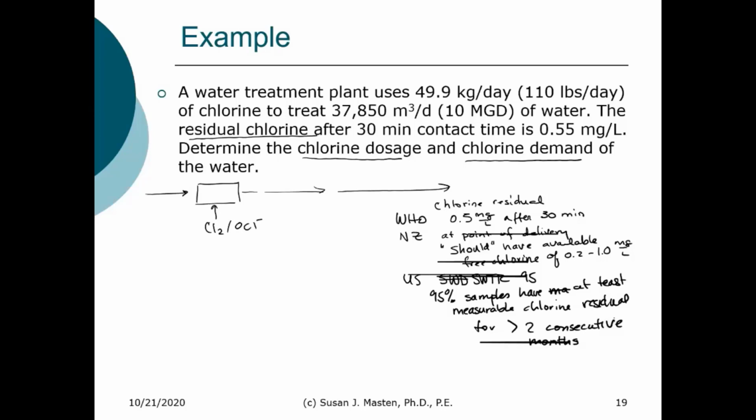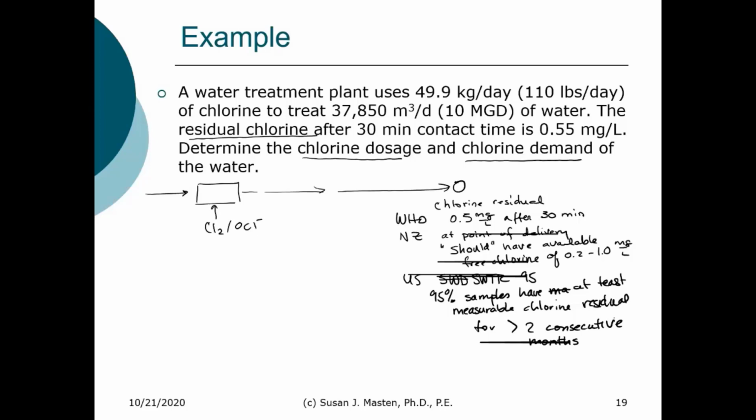So different regulations for different countries, but in essence, we're talking about the same thing. We're talking about ensuring at some home in the distribution system that we have, in the case of the US, measurable chlorine residual. Some states actually do specify what that minimum chlorine residual has to be. But from a federal regulation, it is just measurable chlorine residual.